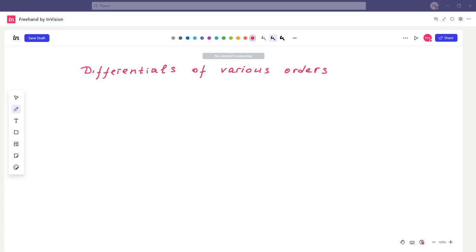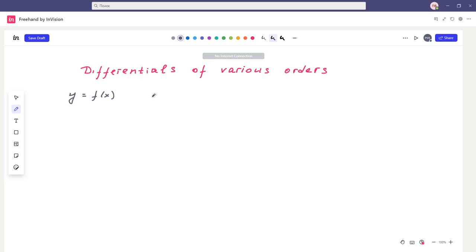Our next theme, differentials of various orders. Suppose we have a function y equals f of x, where x is the independent variable.